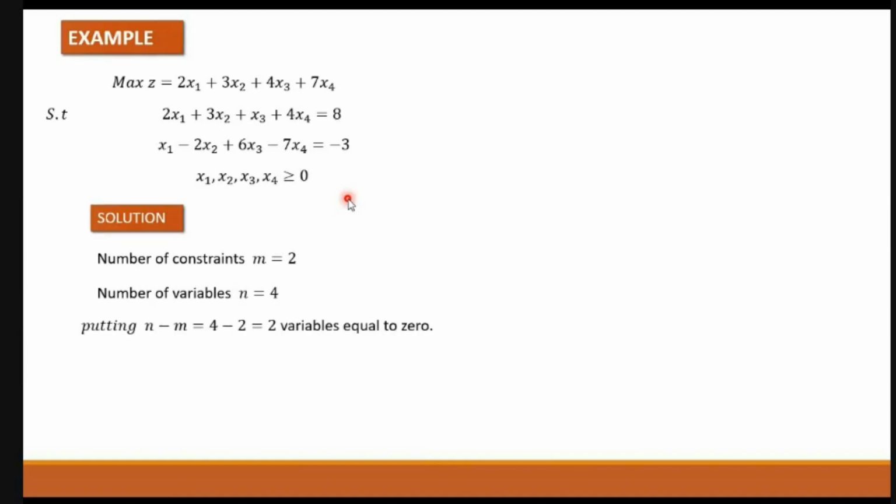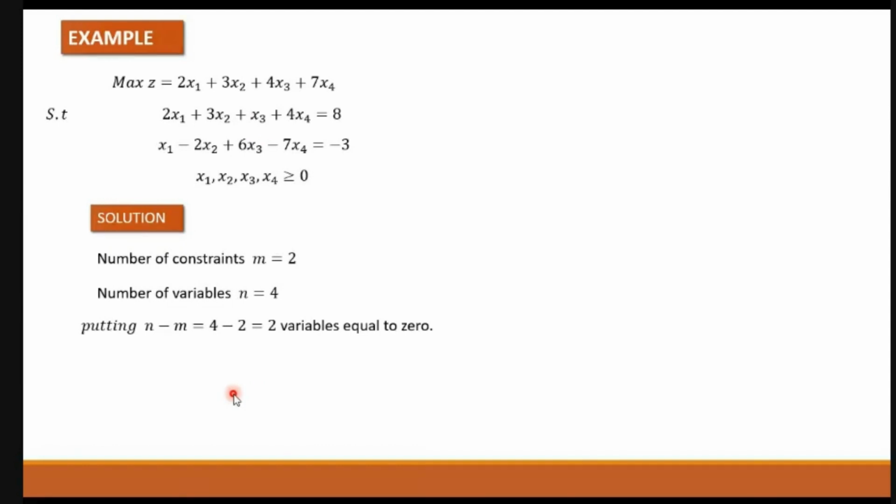So now you have to put two variables equal to 0. Don't treat this as a constraint. Only these are the two constraints we have. So now, since we're getting the answer as 2, put two variables equal to 0. So you have to have all the possible combinations.